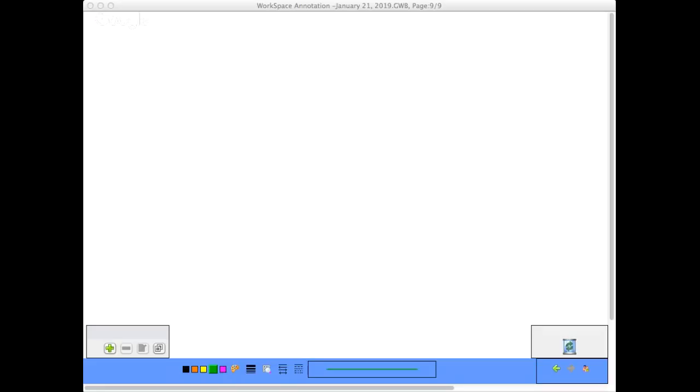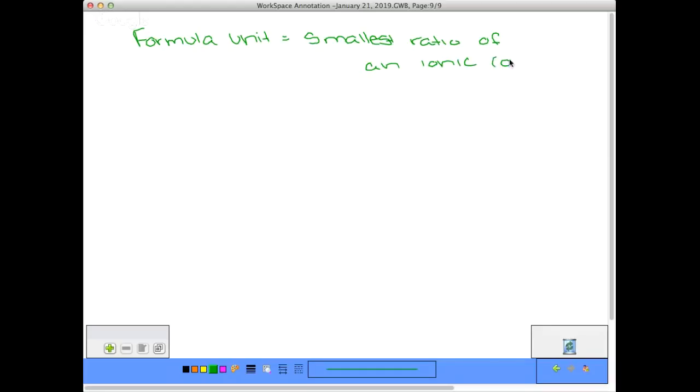Remember we said that a formula unit equals the smallest ratio of an ionic compound. It is, in a way, similar to talking about a molecule.